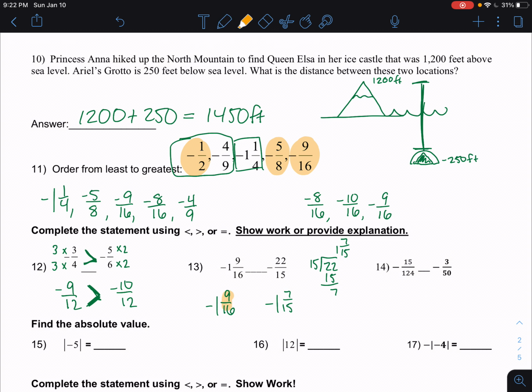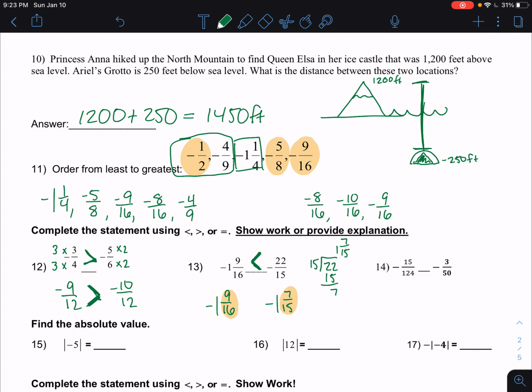I'm going to ignore the whole numbers because they're the same, and I'm going to compare these two numbers. And I use a comparison to 1/2 here, because 9/16 is bigger than 1/2 and 7/15 is smaller than 1/2. So the negative 1 and 7/15 is actually closer to 0. So negative 1 and 9/16 is less than negative 22/15.